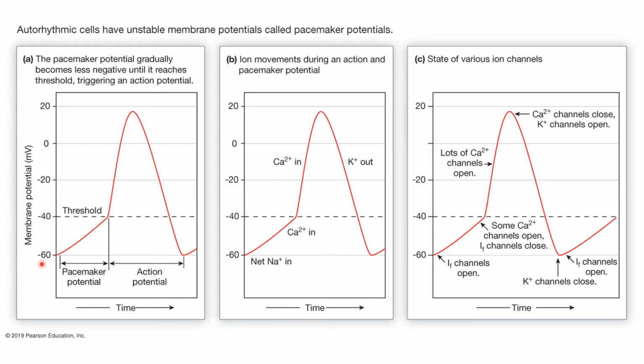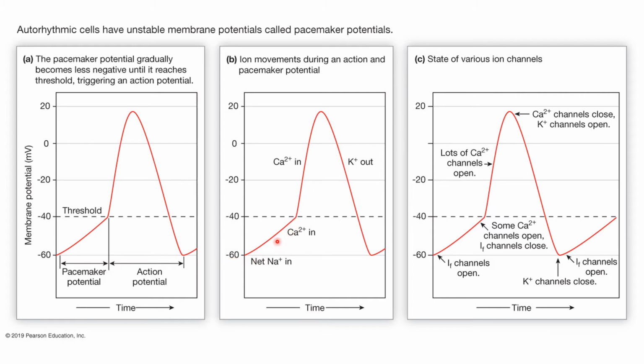Now, for an action potential to be initiated, remember how we talked in our action potential video previously that you must reach a threshold. After you reach a threshold, an action potential will be initiated. So as you can see right here, we are down at negative 60 millivolts.